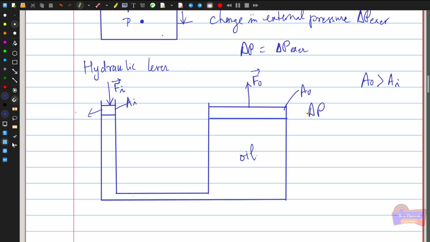So I can write this pressure difference for this container: delta P is equal to F_i divided by A_i, which is equal to F_o divided by A_o. So that is the pressure difference.